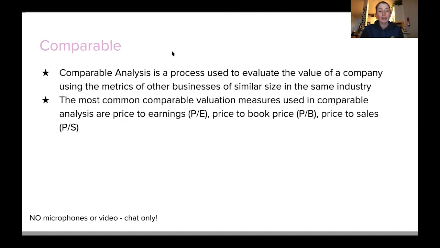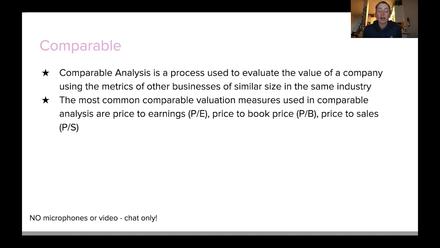The next type we have is comparables. So this is used to evaluate the value of a company using metrics of other businesses of similar size and same industry. The most common measures used in comparable analyses are the PE ratio, we've talked about that before, and the price to book, and price to sales.